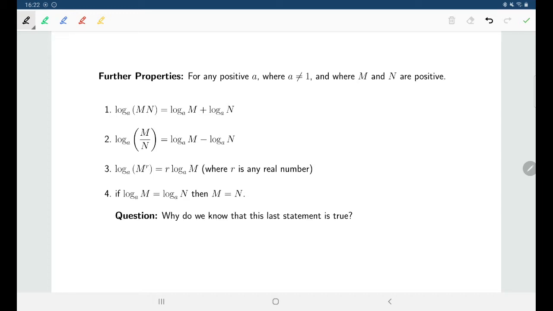So for example, 3 times log base 2 of 5 is the same thing as log base 2 of 5 to the power of 3, or log base 2 of 125.